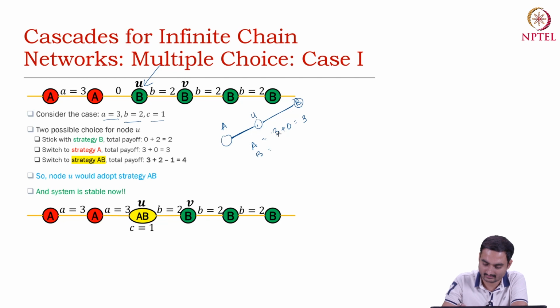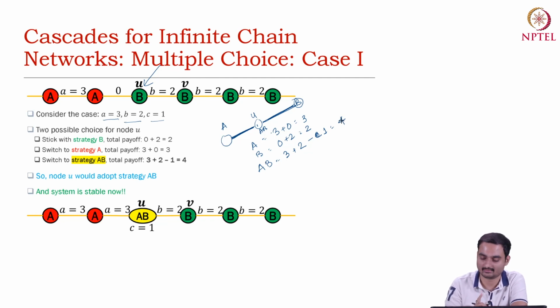For B, 0 plus 2, so 2. If this is AB, then what would happen? Due to this interaction it will get A, which is 3. Due to this interaction it will get 2, but since U has adopted both strategies, it will incur a cost C, which is 1, so the net would be 4.